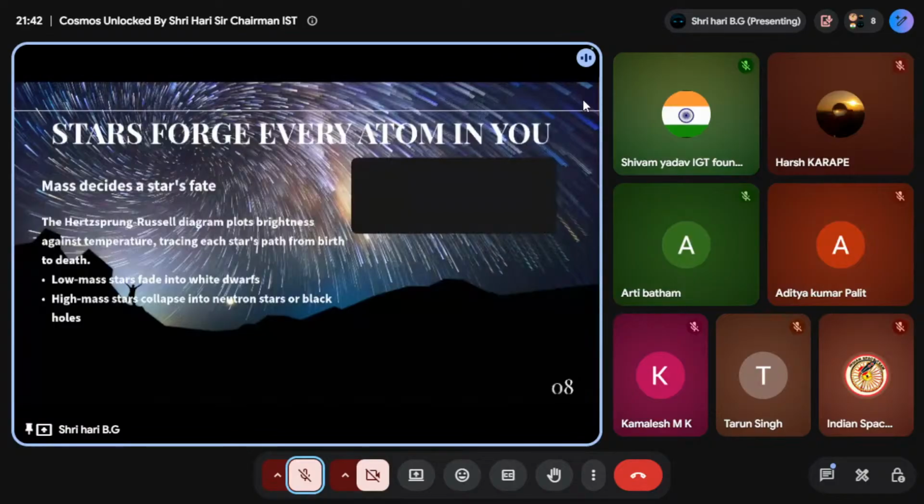By this reaction cycle, carbon, nitrogen, and oxygen are generated. That is the CNO cycle in a star. That cycle creates the diamonds and gold.